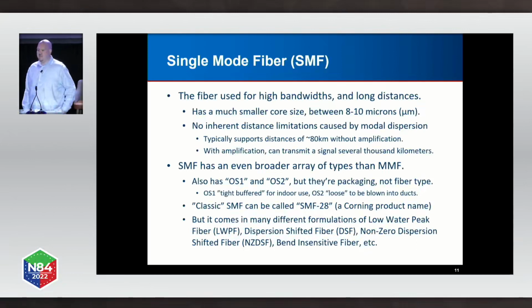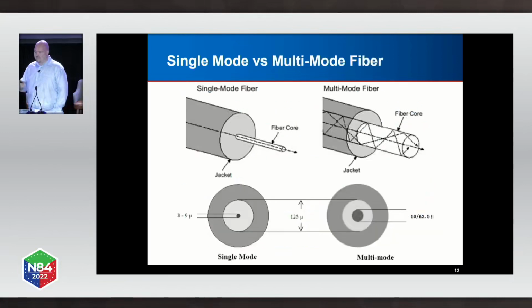This is a Corning product name of one of the early original standard fiber designs. But there are lots of different variants, and each manufacturer and type of fiber can have slightly different properties. It comes in things like low water peak, dispersion shifted, non-zero dispersion shifted, bend insensitive, and many other varieties.